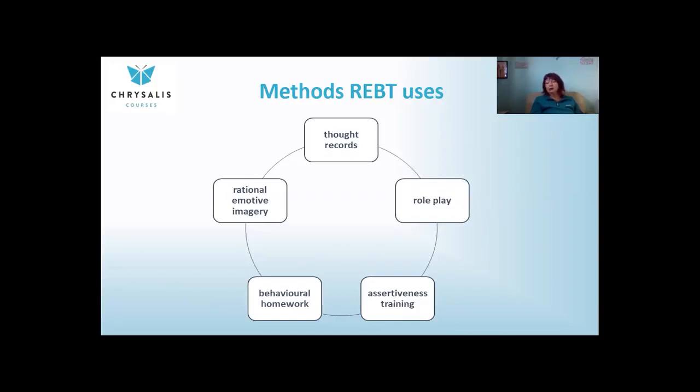However, for the majority of clients that I see, they've all got irrational beliefs and automatic negative thinking. So therefore, CBT and REBT can be really, really useful, whatever issue a client presents with.